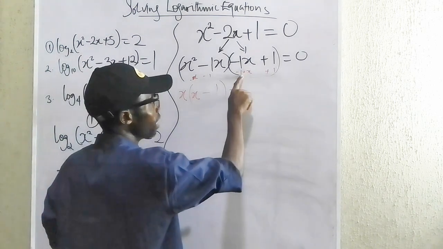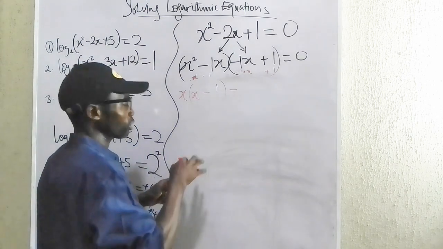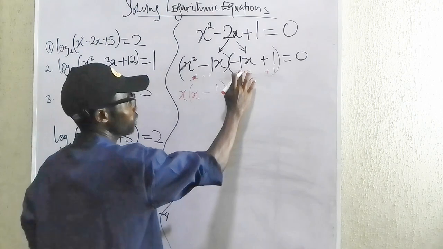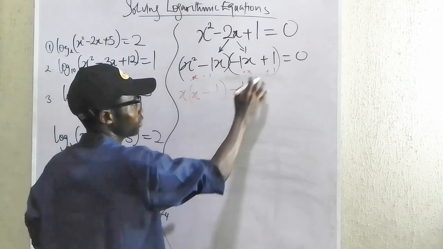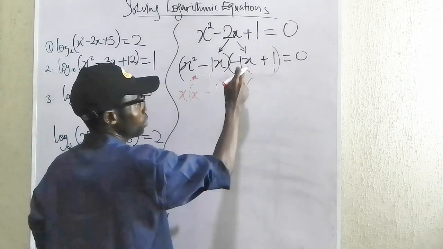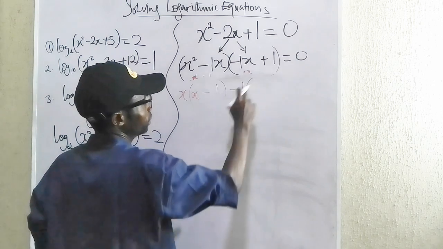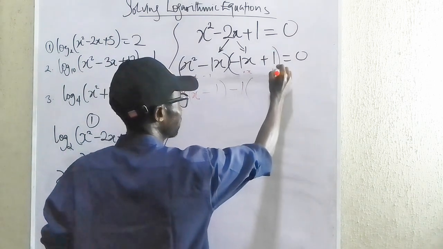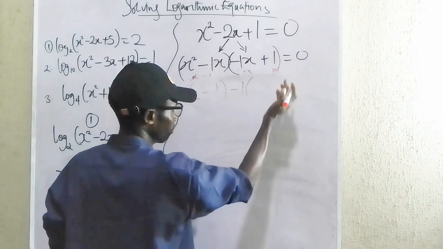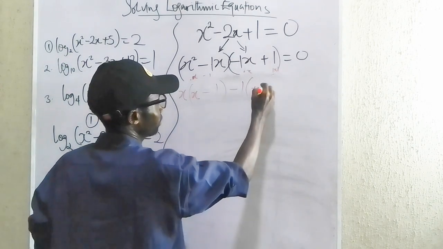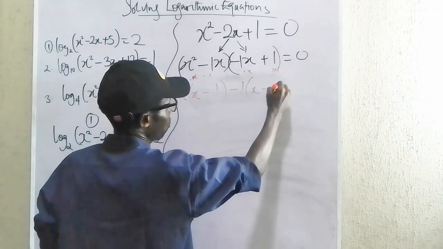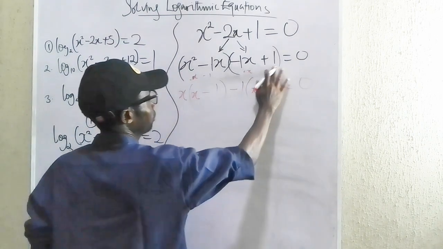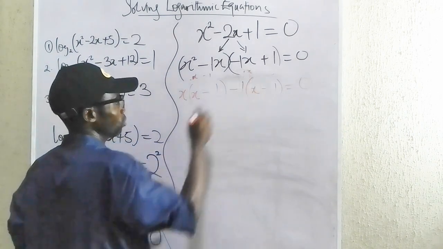Then there's 1 here and there's 1 here, so 1 is brought out. Put the bracket. So 1 will still remain because 1 is set as 1 times 1. So what we have is x minus 1.